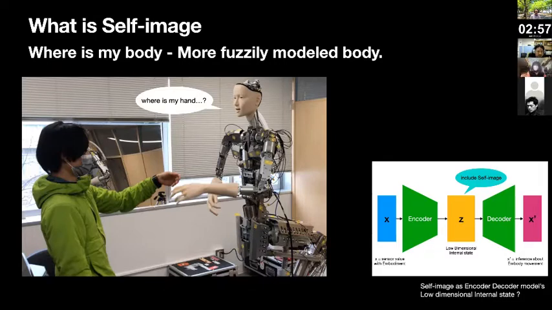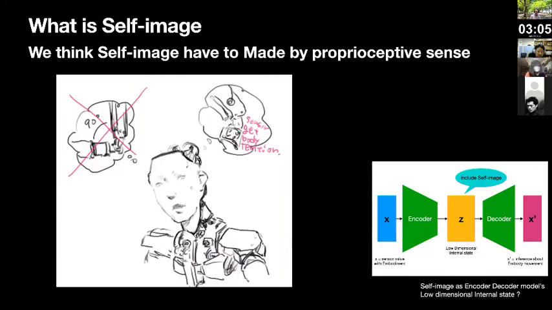Ultra 3 can't understand where its own hand is, so it can't shake hands. In our first system, Ultra 3 always understands which axis moves for how many degrees, maybe like shoulder 30 degrees, elbow 90 degrees.